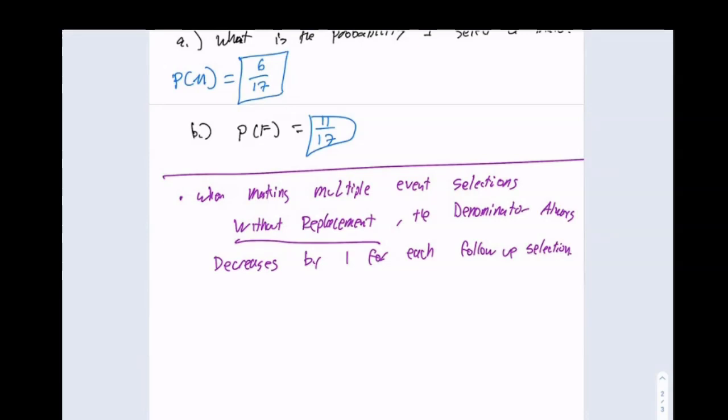Now how many students are there left to select from? 16. There were 17 students initially, now there's 16. Now I select another student. For my third selection, how many are there to select from? There's 15. And it goes on. So the denominator will always decrease by 1, no matter what, because there's one less student.